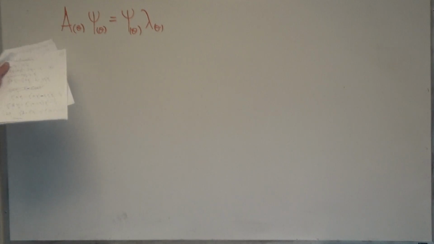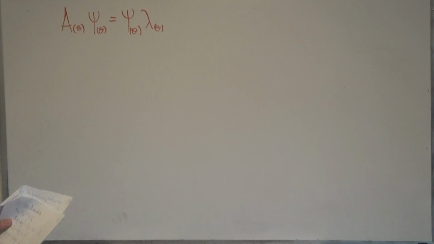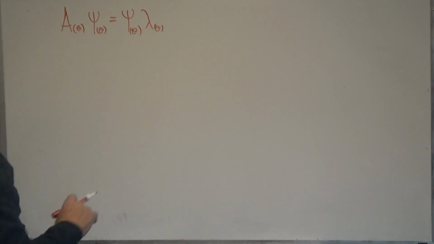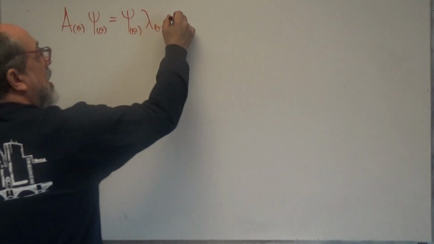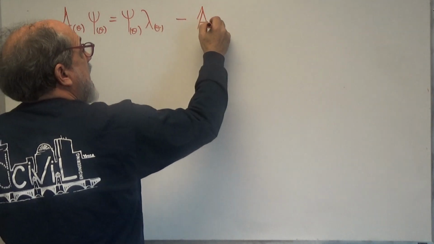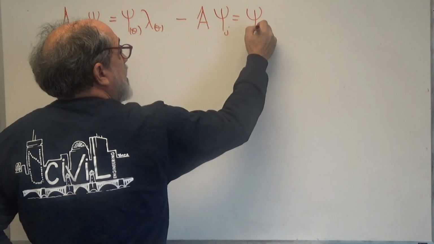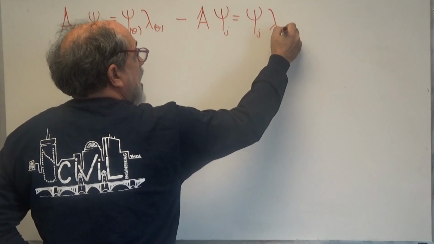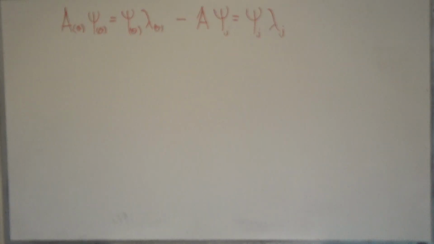This is the eigenvalue problem where A is a function of some parameter, the parameter that we want to jiggle to see what happens. Now, I'm not going to write theta all the time because the notation gets quite cumbersome. So instead, I'm just going to write A times phi j is equal to phi j lambda j, but we know that we mean in this discussion that they are a function of some parameter.